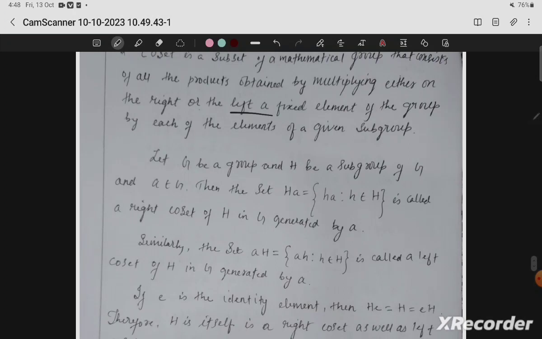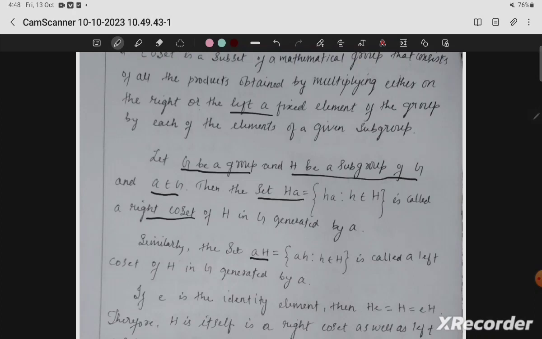Let us consider G be a group and H be a subgroup of G, and a belongs to G. Then the set Ha equal to {ha such that h belongs to H} is called the right coset of H in G generated by a.